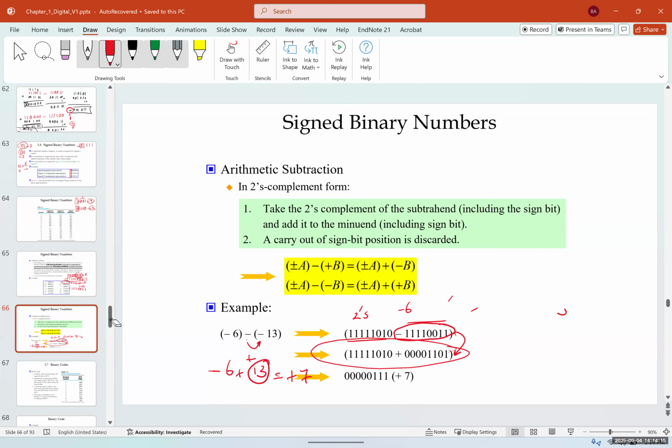Now I will give you a practice problem and then that's going to be it for today. Negative 7 minus negative 8.